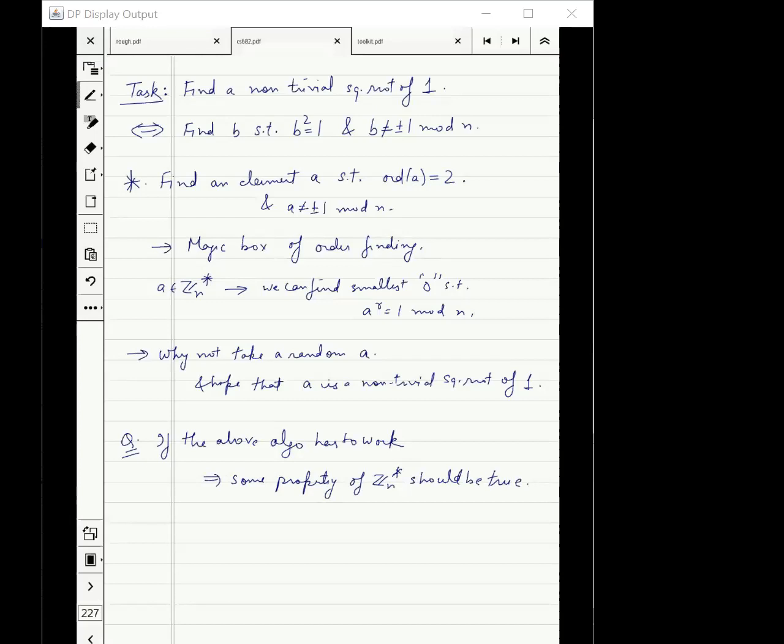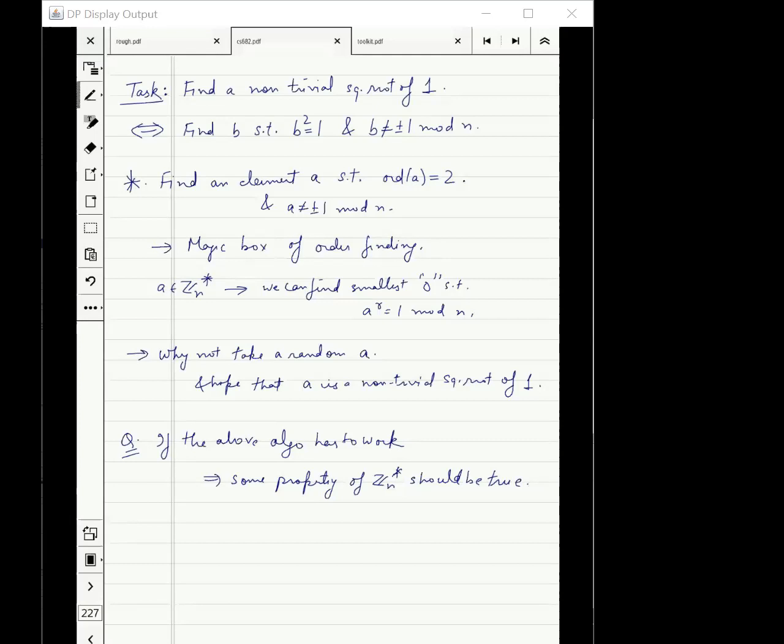I think it must be related to phi n divided by n, but I don't remember it right now. Okay. Let's not get that complicated. But the point is that if the above algorithm has to work, then we have to succeed with probability at least, let's say, 2 by 3.